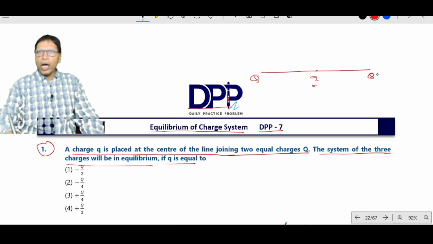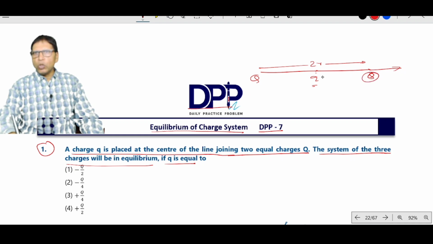Now for equilibrium of capital Q, look at this. This charge is repelled along this direction by a force. Suppose this distance is 2r. So the repulsive force on this charge due to this is K Q q by r square. And the repulsive force on this due to this charge is K Q square by (2r) whole square.